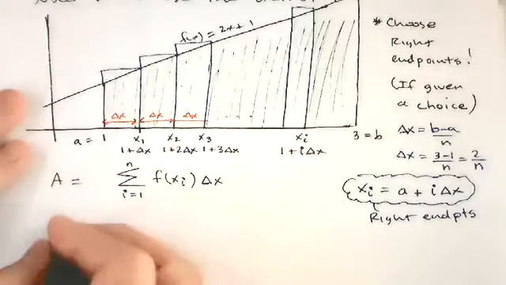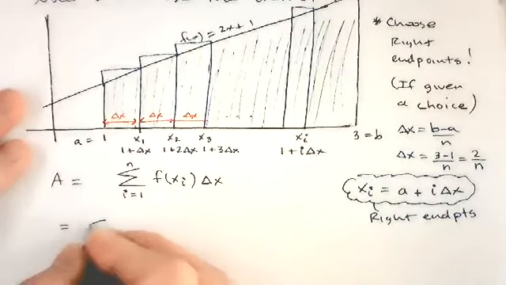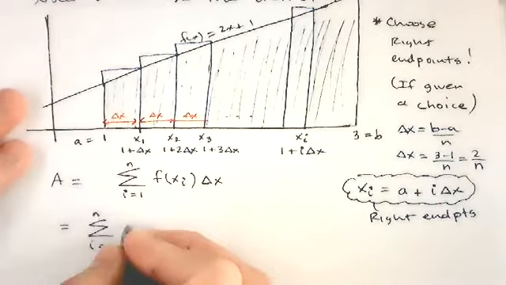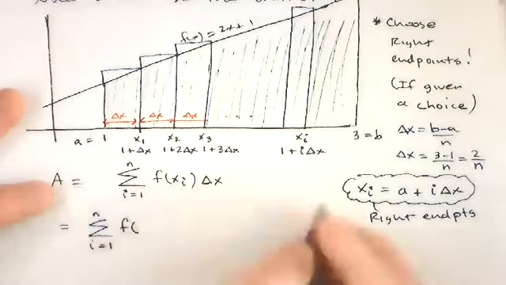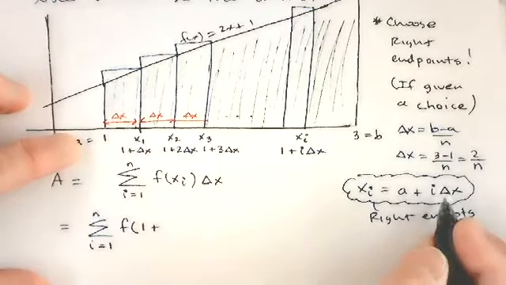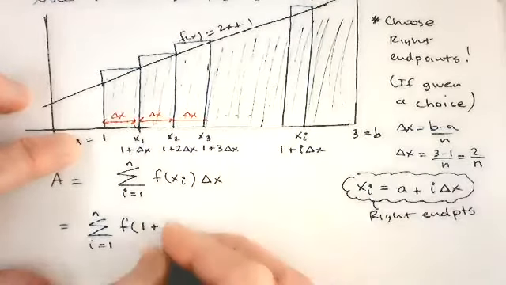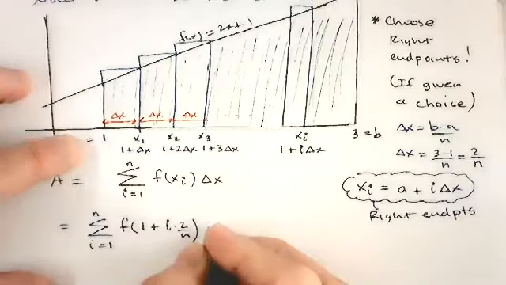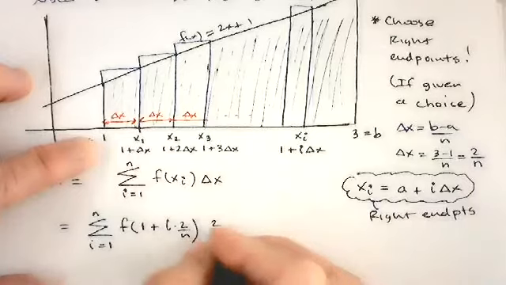So we'll bring the limit in later. Let's find a formula right now in terms of n. So we want to do f of 1 plus i times 2 over n, and then multiply that by delta x, which is 2 over n.